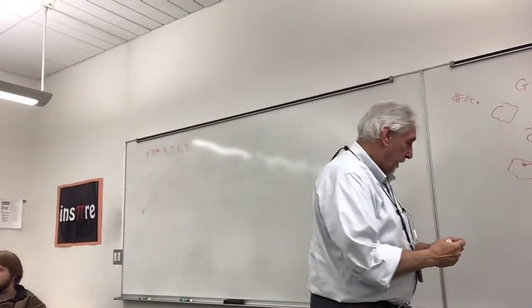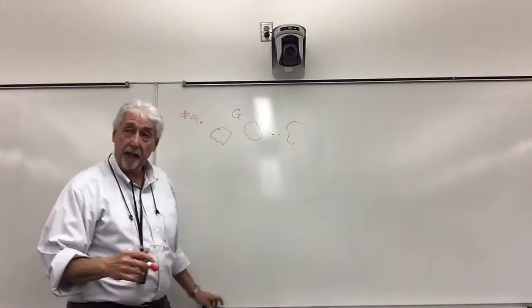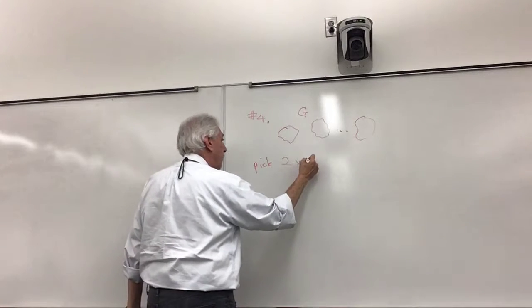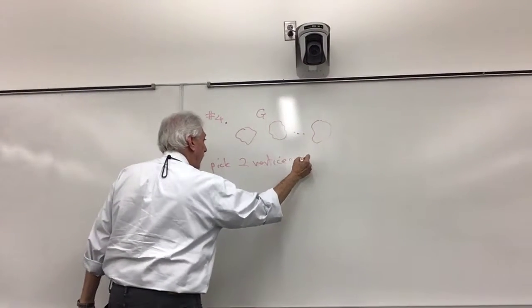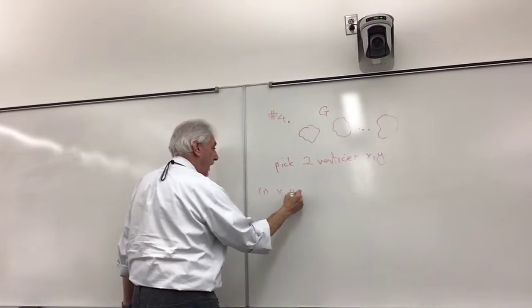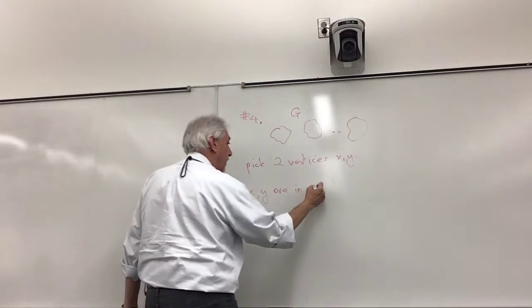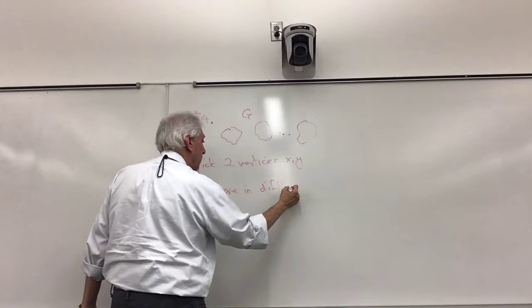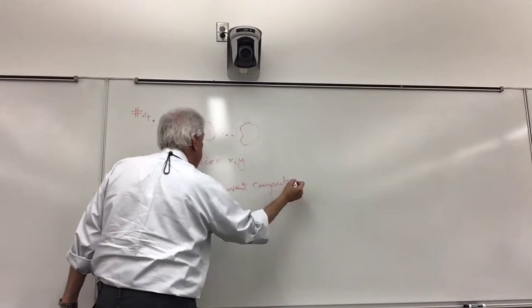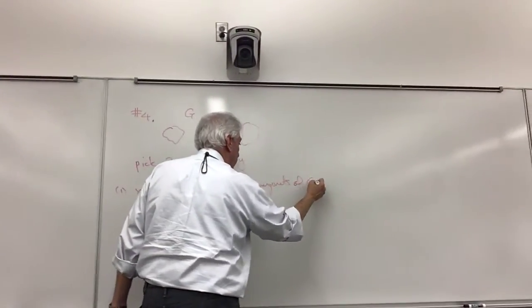Those are the only 2 possibilities. I pick 2 vertices, X and Y. Let's do the easiest one first: X and Y are in different components of G.